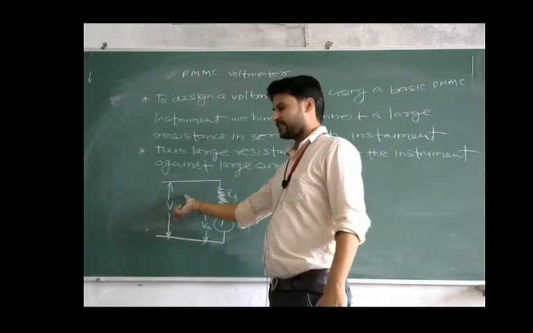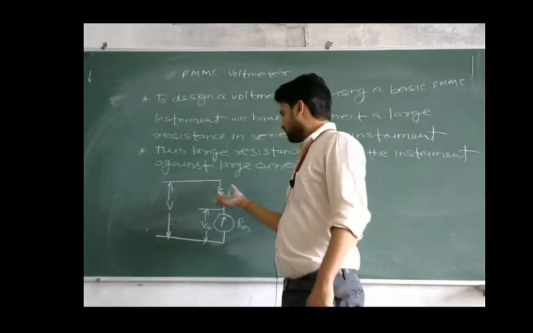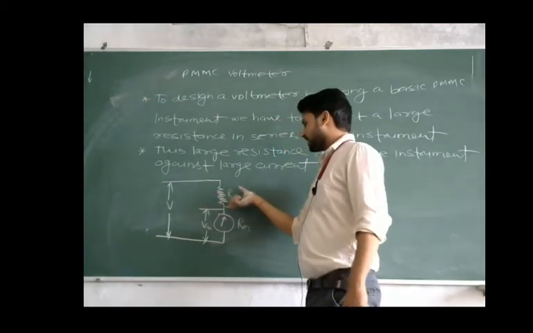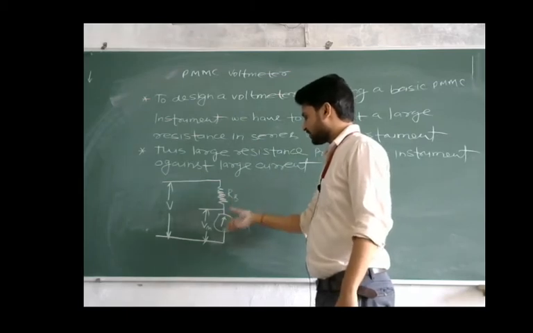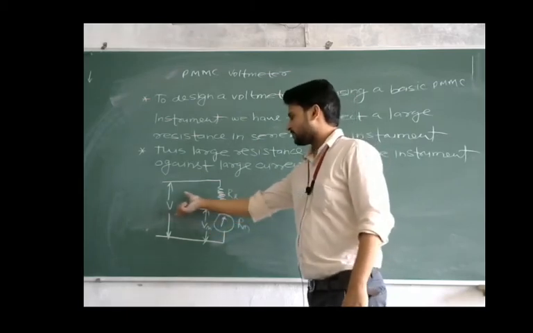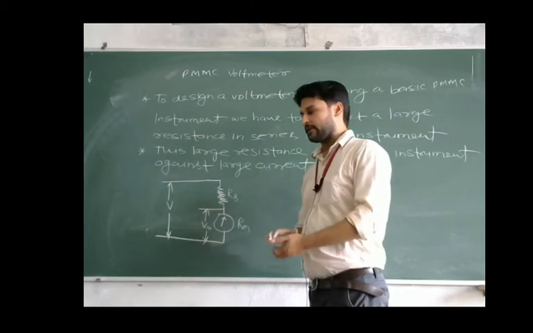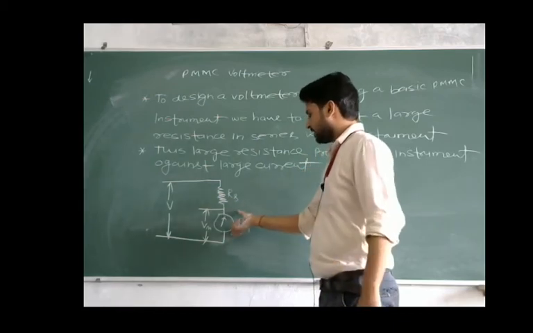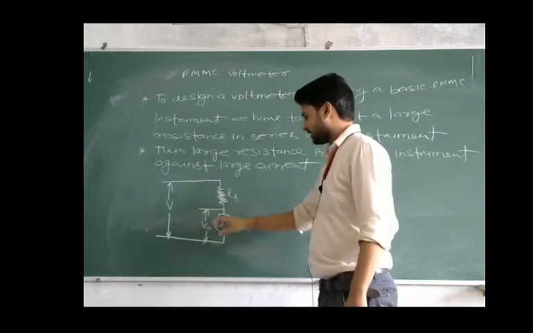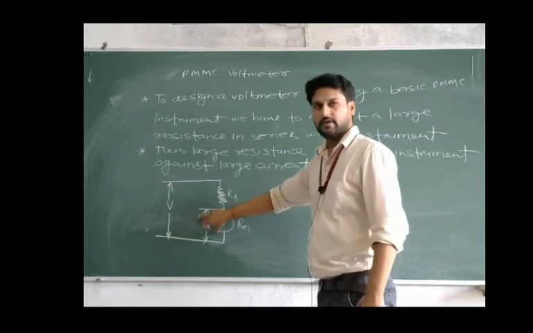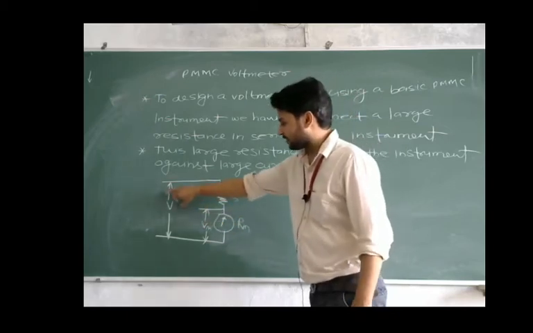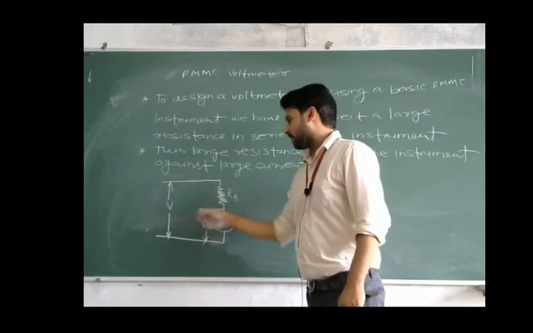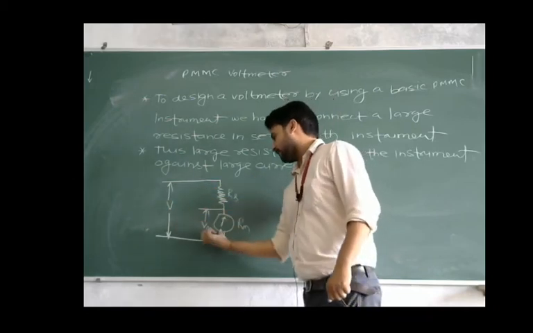The total voltage is V. Some voltage drop appears across Rs, so Vm will be smaller than this voltage. This instrument will measure Vm, whereas we have to measure the total voltage, capital V. So how can we find this voltage capital V from Vm?